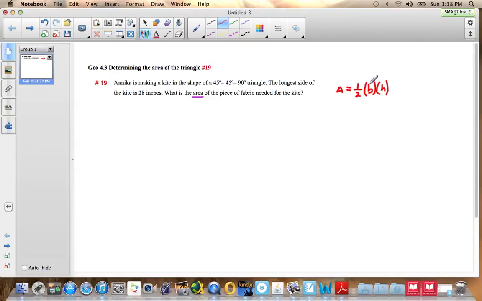And as we've determined, base and height are going to be equivalent, A. So I have this triangle, my kite, and it's 45, 45, 90.